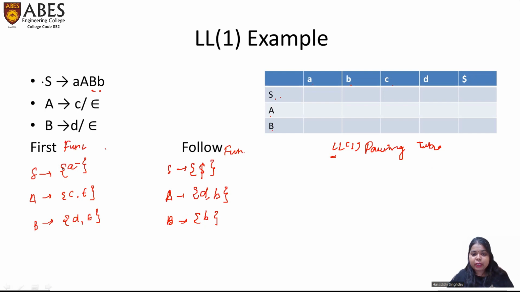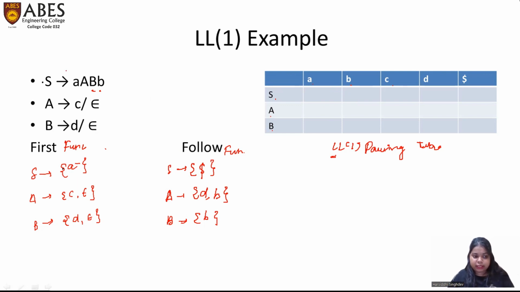For construction of the LL1 parsing table, we list out the non-terminal symbols on one side, that is capital S, capital A and capital B, and the terminal symbols small a, small b, C, D and dollar on the other side. Now for this construction, we have to see the first function firstly.